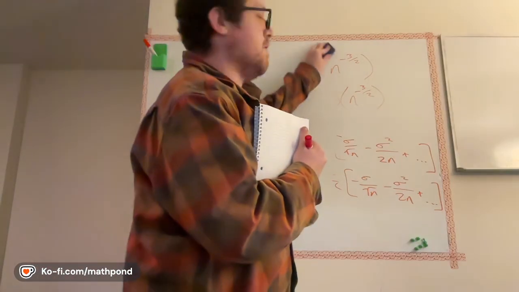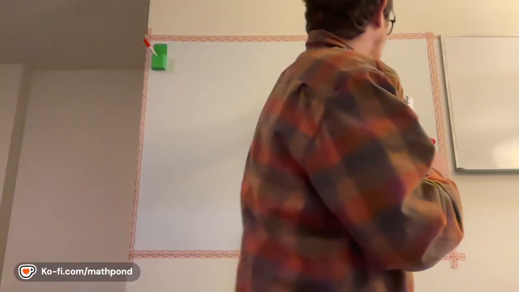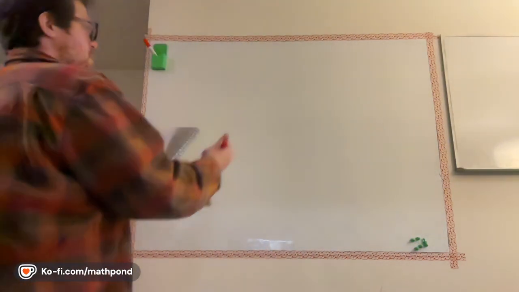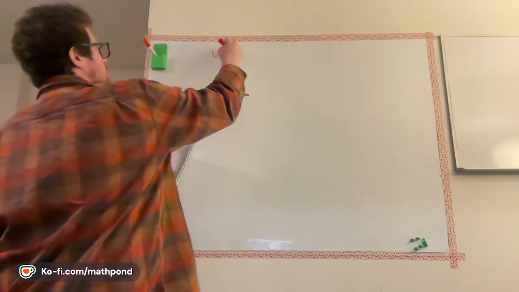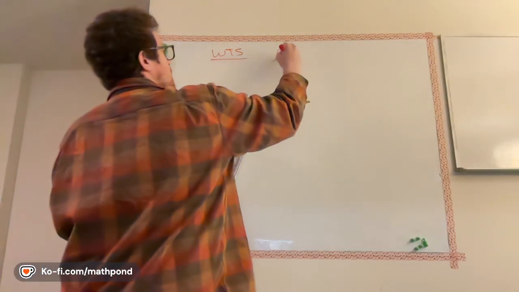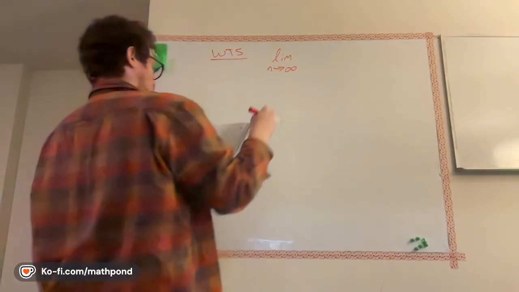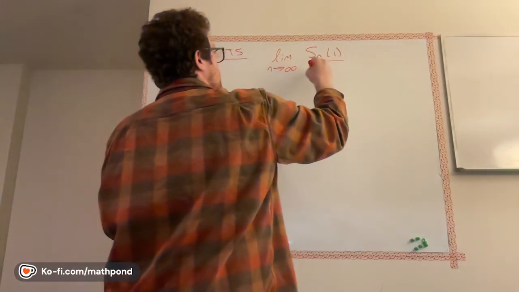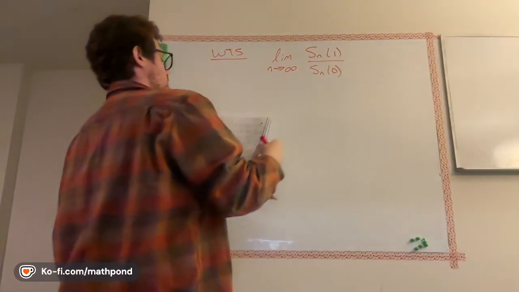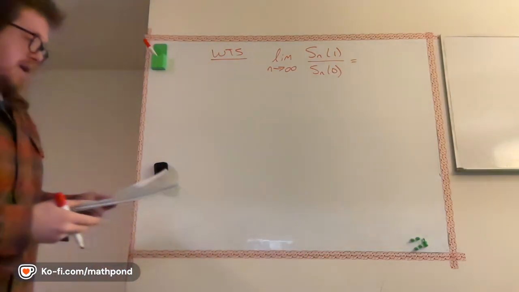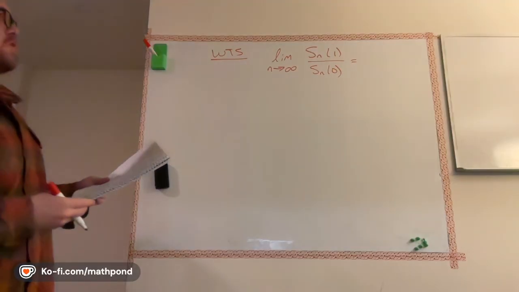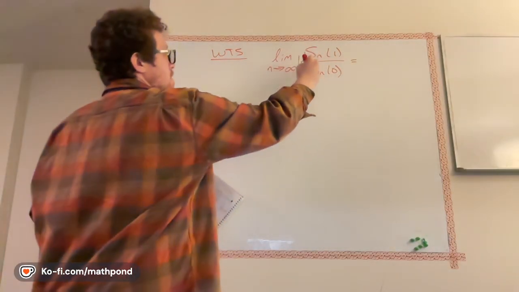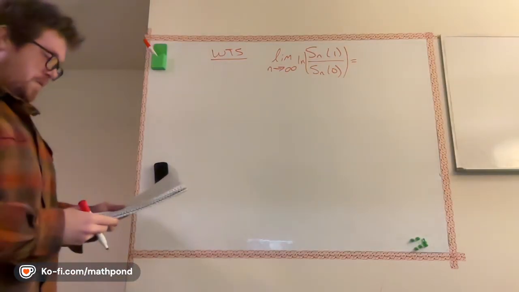So essentially we want to show that the limit as n goes to infinity of Sn of 1 over Sn of 0 is basically normally distributed, or sorry, the log of it. So log of this is normally distributed.